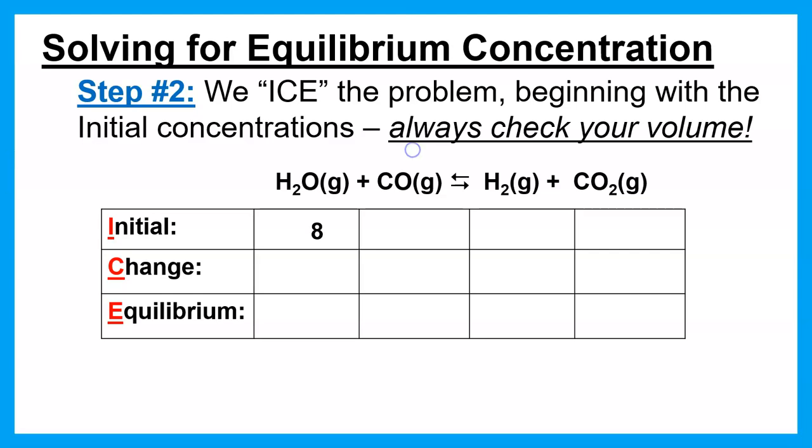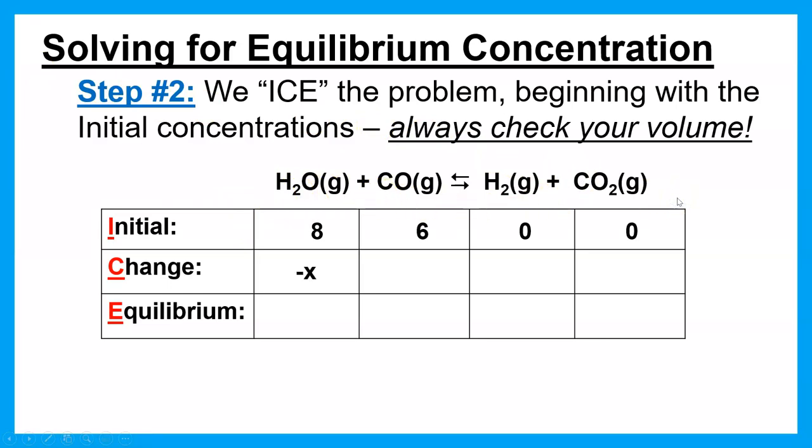So the problem told us that we had 8 moles in a 1 liter container, so we had 8 molar of water gas, 6 of carbon monoxide, and we didn't start with any of our products, did we? So just put in a 0. Based on the stoichiometry of this equation, these are just 1s for my coefficients, right?